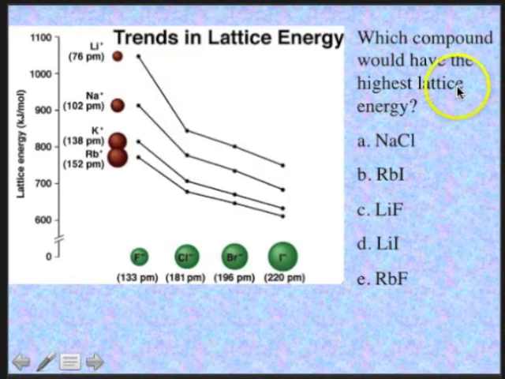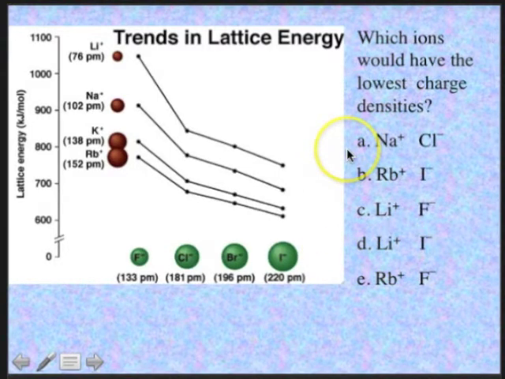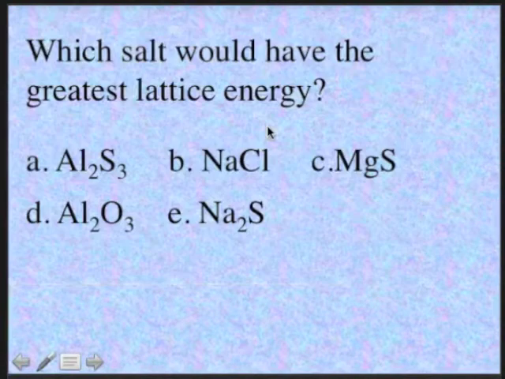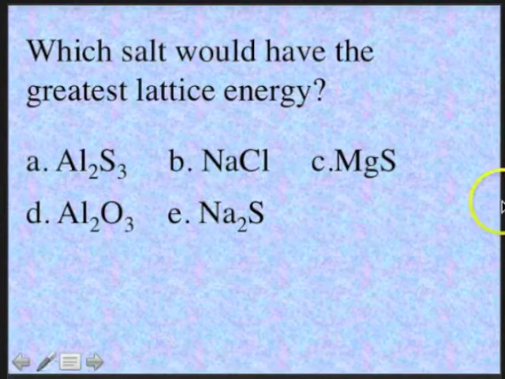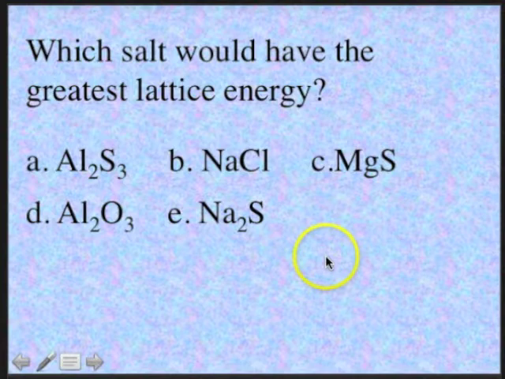And which compound would have the highest lattice energy of, say, these 5? And which would have the lowest charge density of these 5? Okay? So we'll talk more about this in class, but you should be able to answer these questions. Which salt would have the greatest lattice energy of these 5? And I'm going to ask you that in class too.